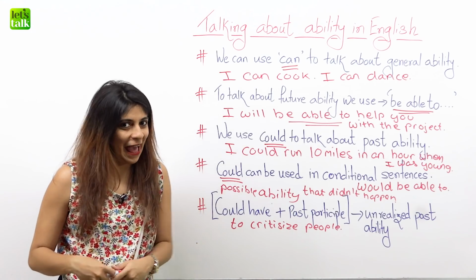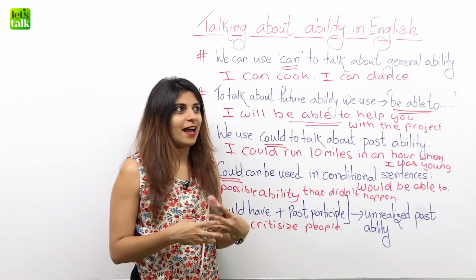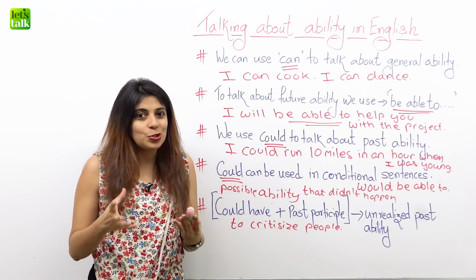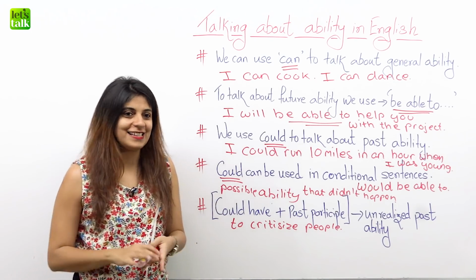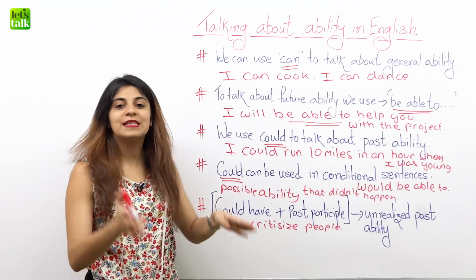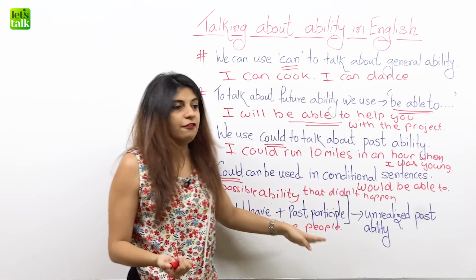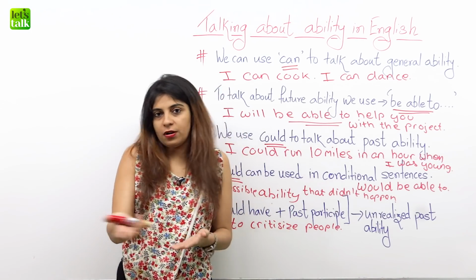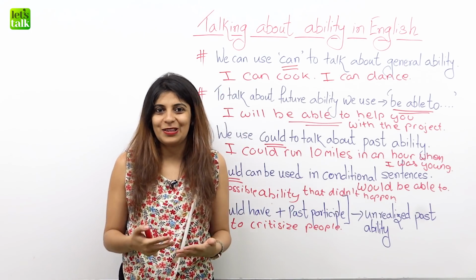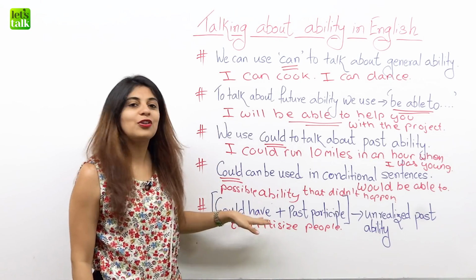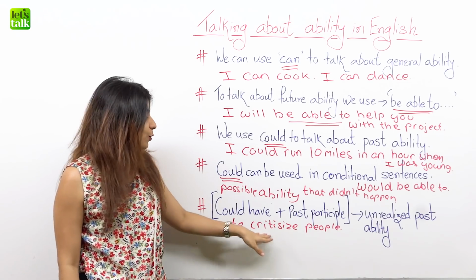Well, it's not a great habit, but yes, at times like your friends criticize you or they say something that is not really nice. So you can use the same structure to criticize people, that you could have asked before taking my car. So it's like, yeah, you took my car, but you could have asked me. So you are using the same structure when you criticize people.